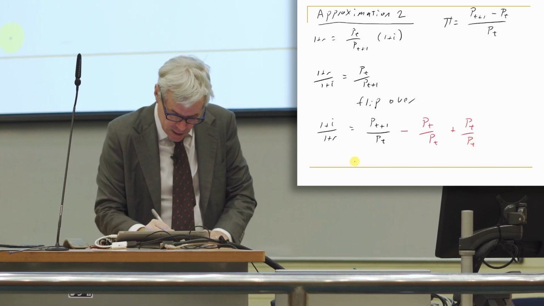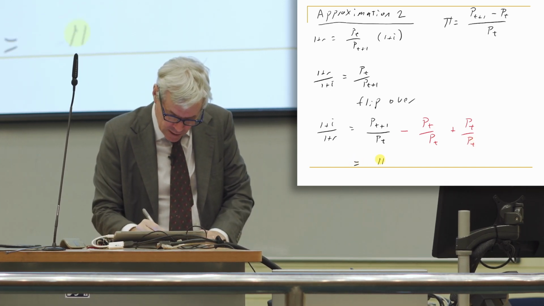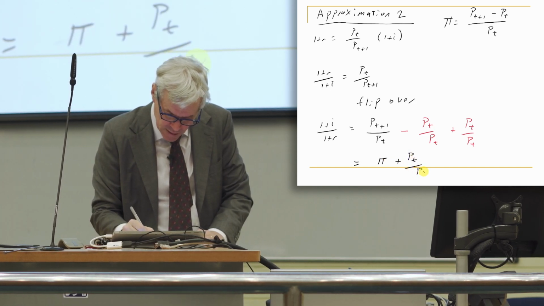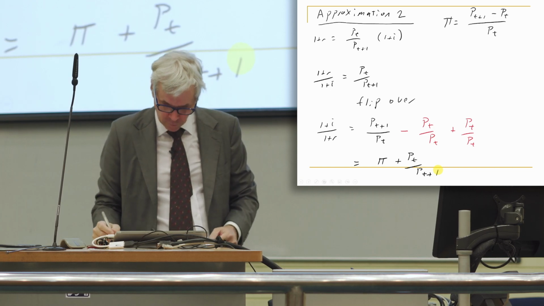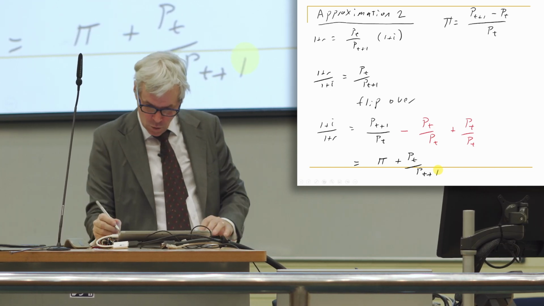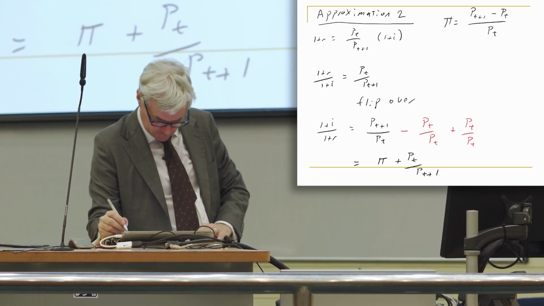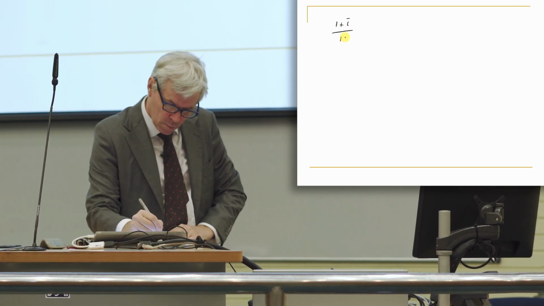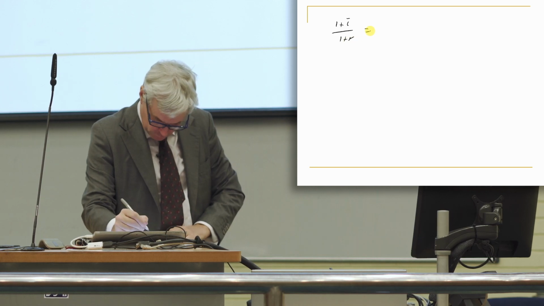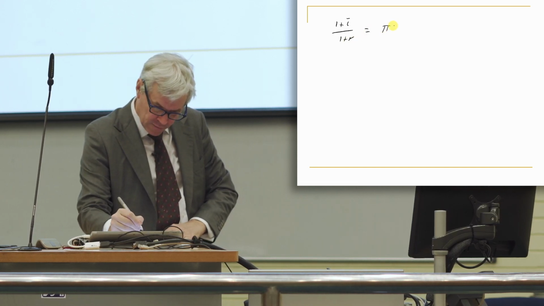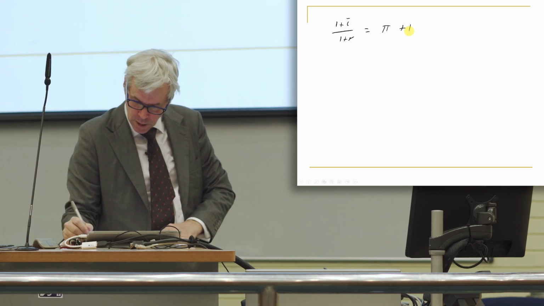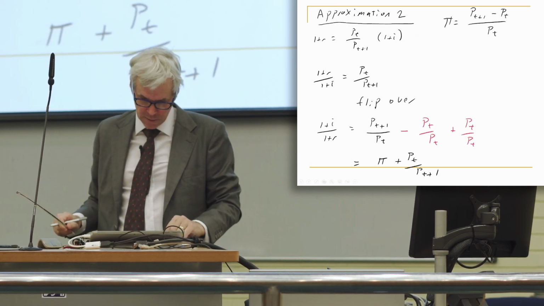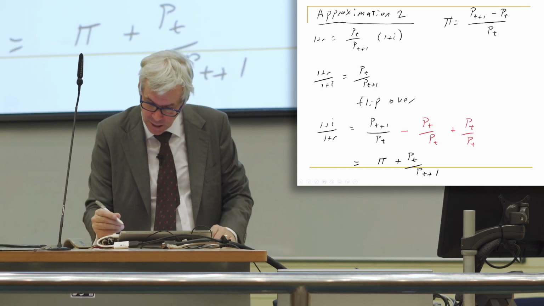So this is going to be equal to inflation plus P_t over P_t, or (1 + i)/(1 + r) is equal to inflation plus 1, right? Because we go back, that's not right, because I wrote it wrong.